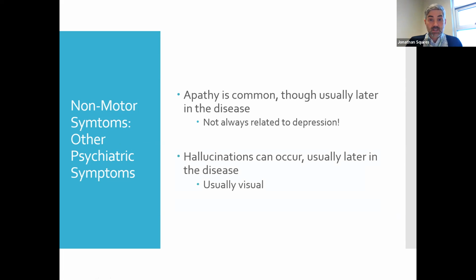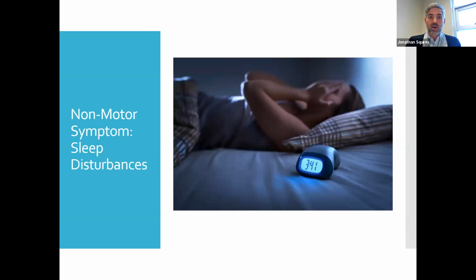People can hallucinate with Parkinson's as well, and that can be from the disease itself and can also be a side effect of the medications that we use. Usually with Parkinson's, the hallucinations are visual, seeing insects, seeing people. Most people have a sense they're not real and they're not that bothersome, but they can become quite significant, so we always monitor for those over time as well.